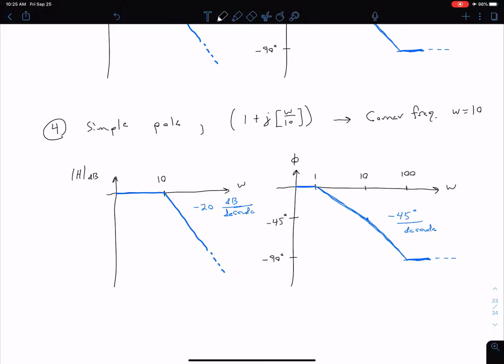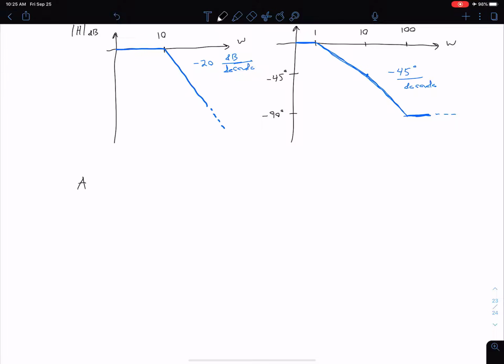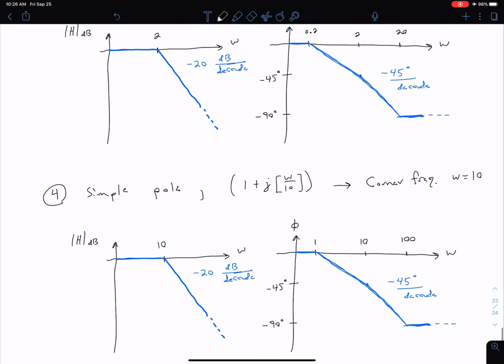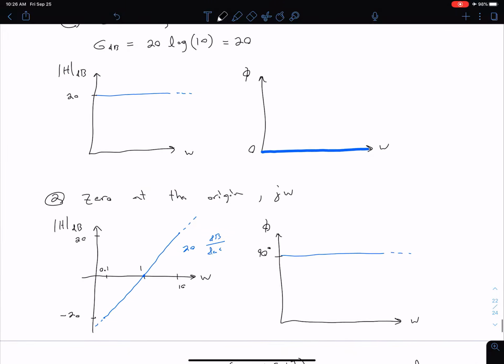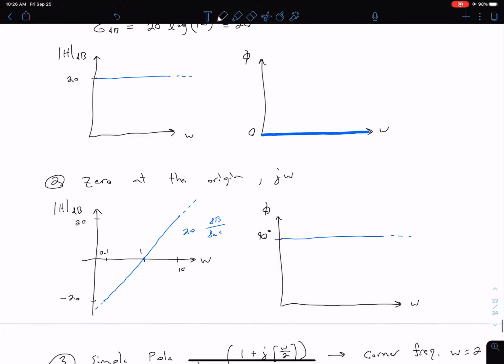Okay, so now what we want to do is add all of these terms graphically, and what that's going to give us is our overall Bode plot. So as we come up through here, what we can see is going to be useful is to mark some of these key frequencies.